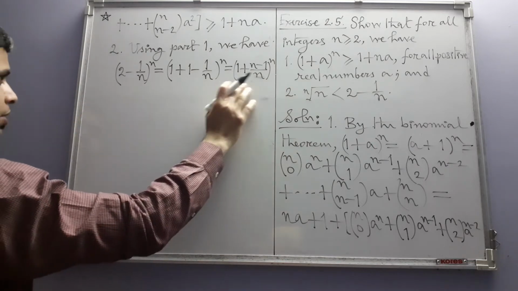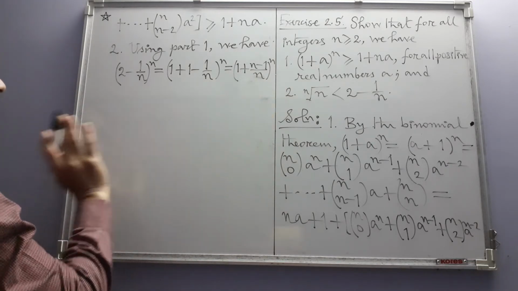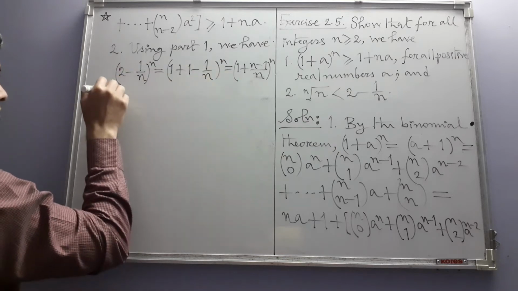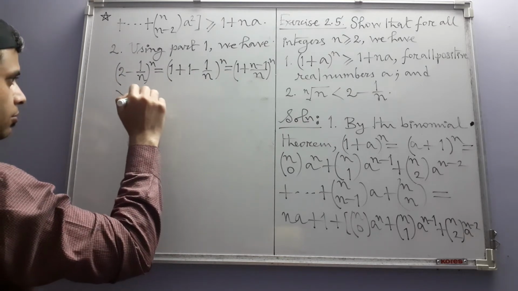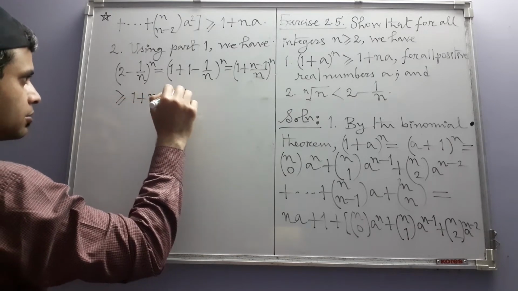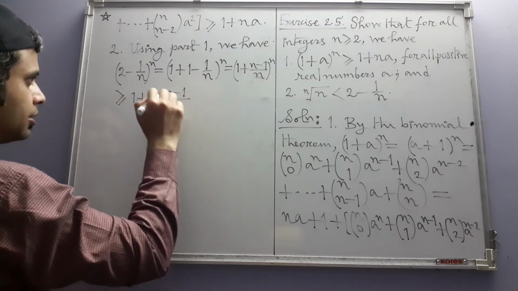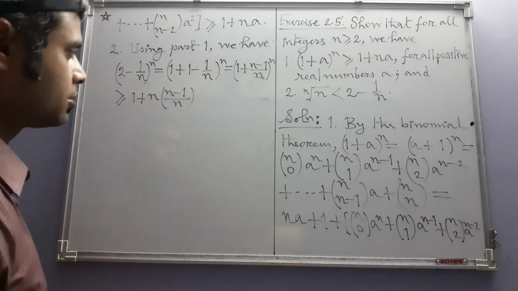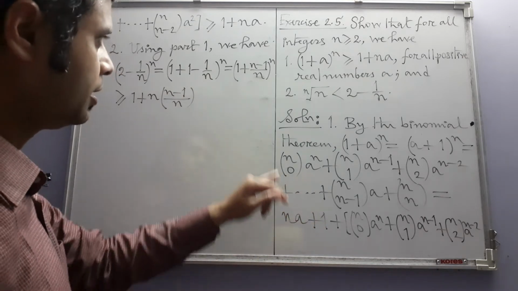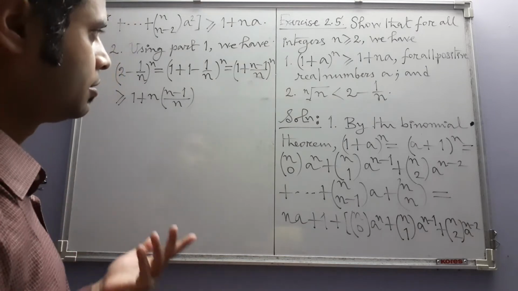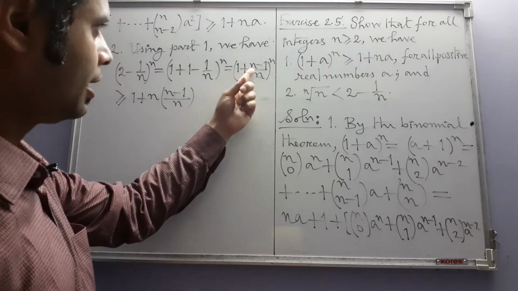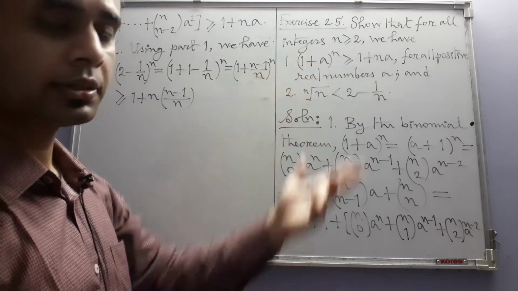Now we are able to use part 1 and write this greater than or equal to 1 plus n times n minus 1 divided by n, because we can take n minus 1 divided by n in place of a, and that is because n is greater than or equal to 2.